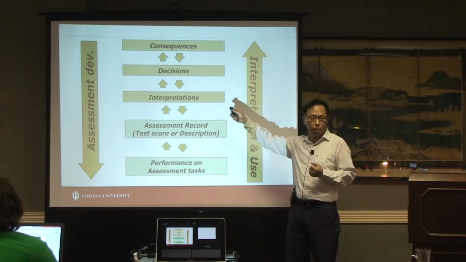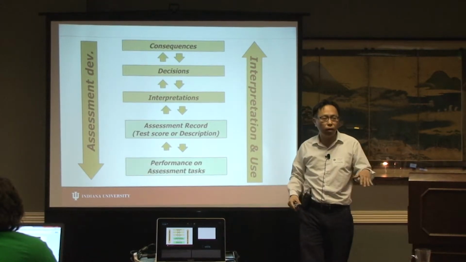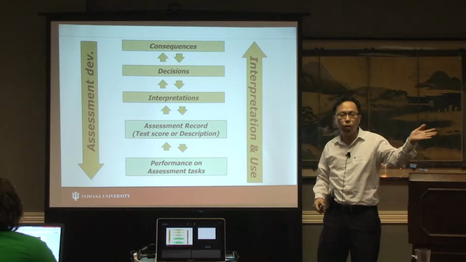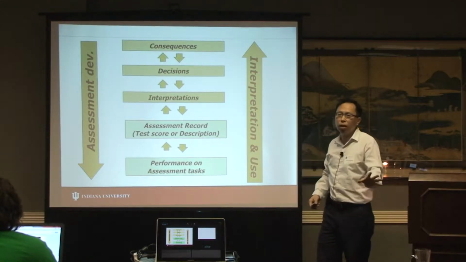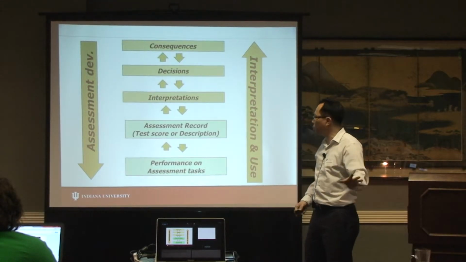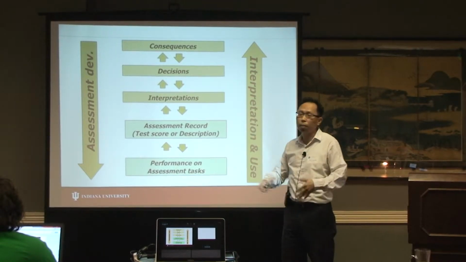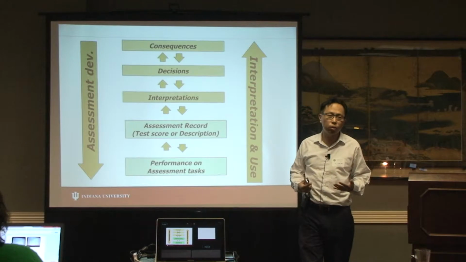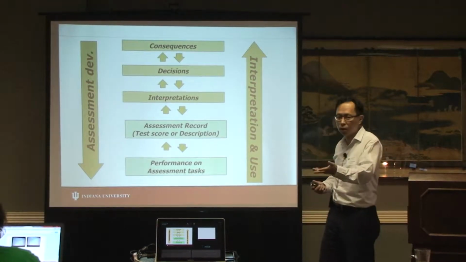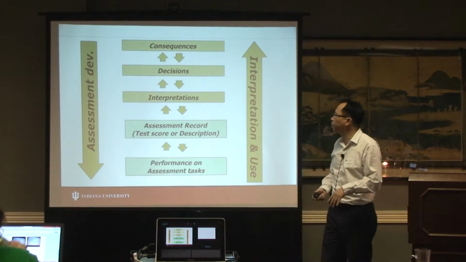And then we make decisions about them. So you pass or fail, you could move on to the next level, or you have to stay in this level, unfortunately. And then we hope that those decisions bring about some positive consequences to the programs or each individual or institutions.